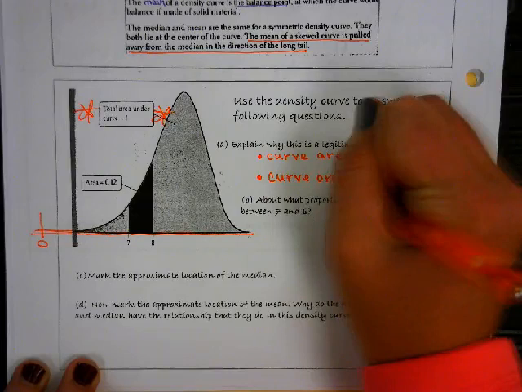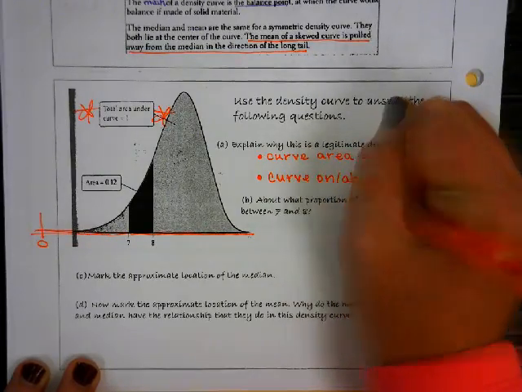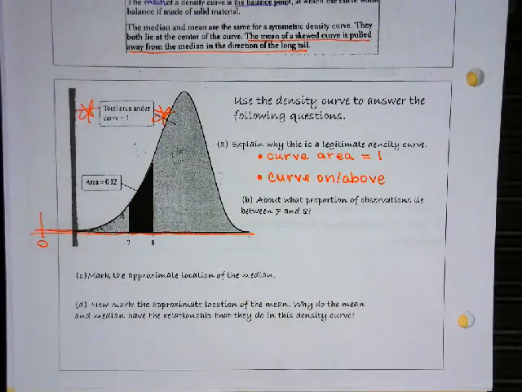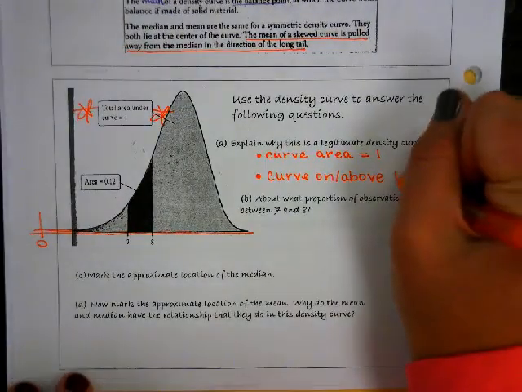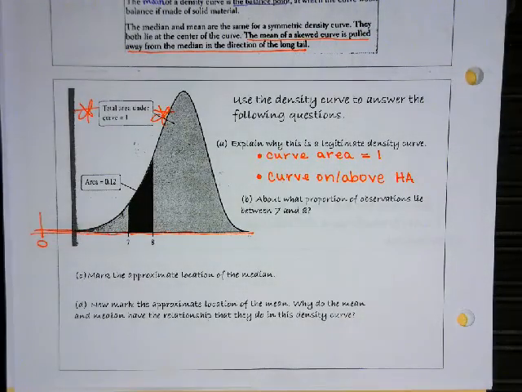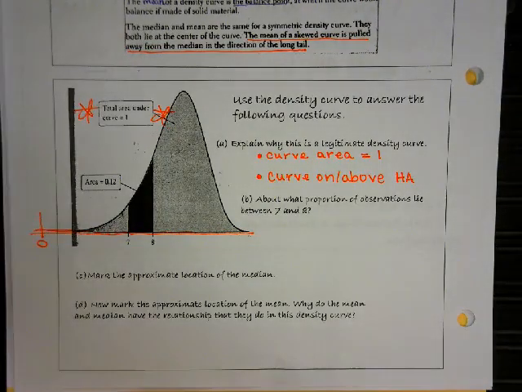Yes? What is the other portion of the area, this 0.12? We're going to get to that part in B. And I'm going to abbreviate horizontal axis as HA because I'm lazy. Part B says about what proportion of observations lie between 7 and 8.